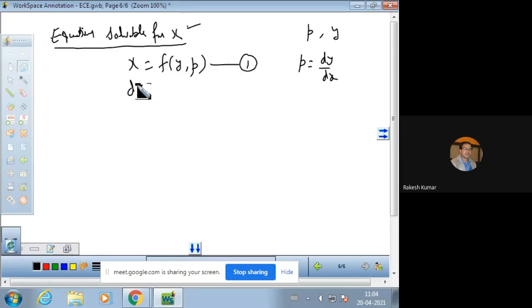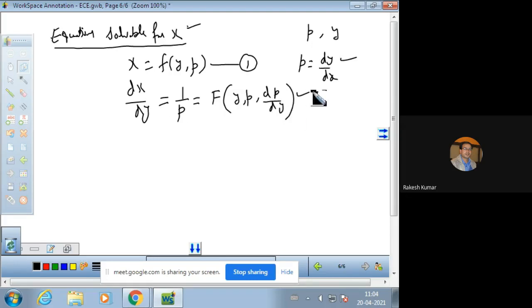Then you will be able to find the derivative with respect to y, and that will be your dx over dy. And you know that p is dy by dx, so dx over dy will be 1 upon p, and that will be a new function of y and p, and the derivative of p with respect to y.